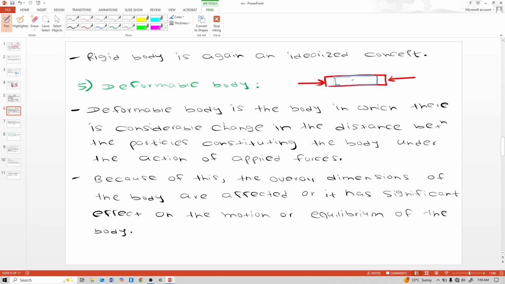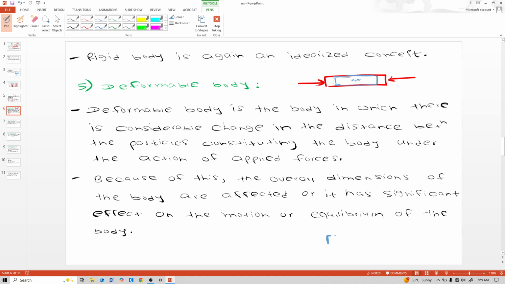The distance between particles also changes. This d decreases here. Deformable body means that due to the compressive forces, this body changes its shape and the distance between particles also changes. Here it is a compressive force, that means the distance between particles decreases.